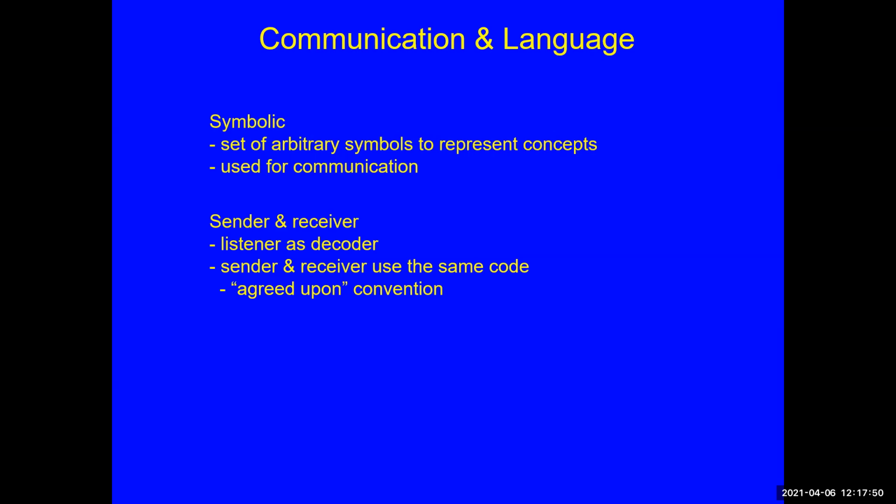All right, so let's think about this. What's really going on with speech and language, and how might that differ for humans versus other animals? With humans, we use a set of arbitrary symbols to represent concepts, and these are used for communication. The sounds that I'm making right now are mostly arbitrary.